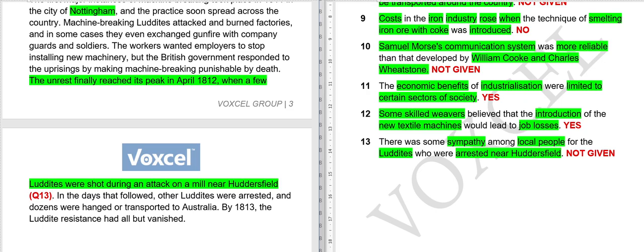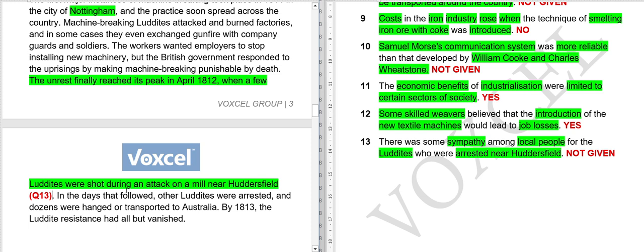Here they are saying a few Luddites or a few people were shot during an attack on a mill near Huddersfield. So this is the location. But were there people who were arrested? We don't know about the arrest. We just know that some people were shot.